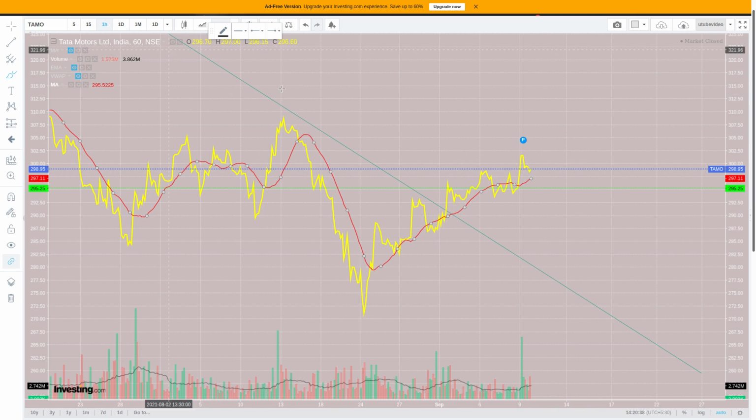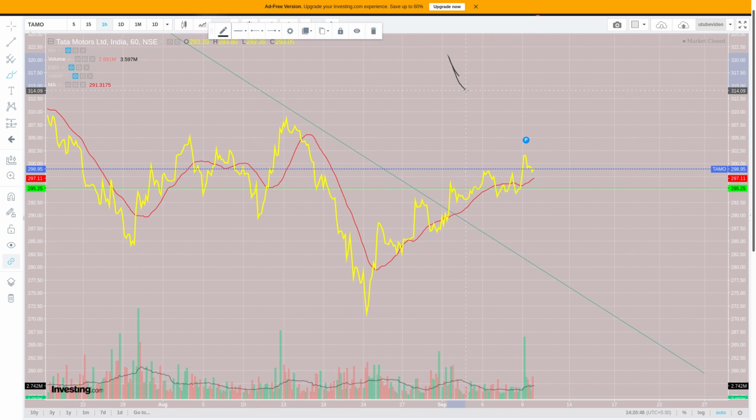When you go for hourly chart, you can see the value changes, of course, to 297, and so these are few of the strategies. But one of the very interesting things I wanted to showcase over here is how the simple moving average means and what it means in the first place.